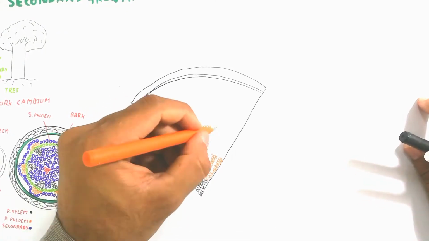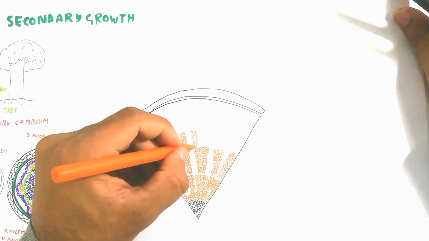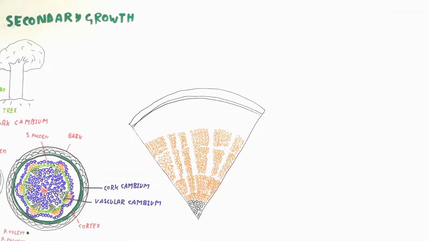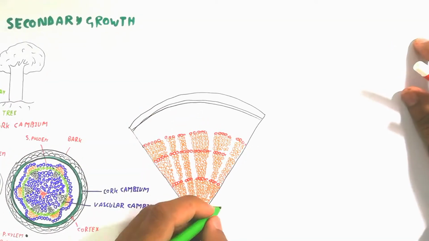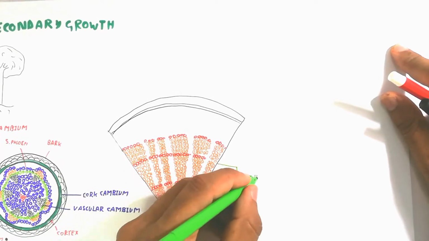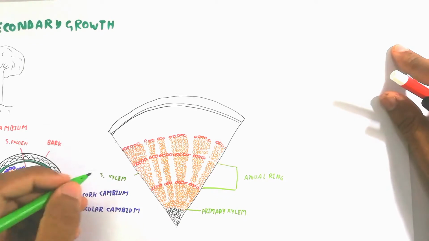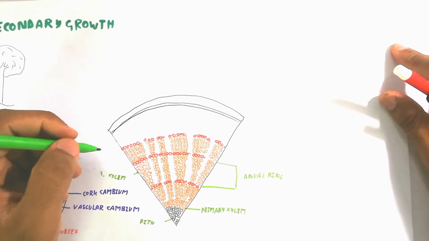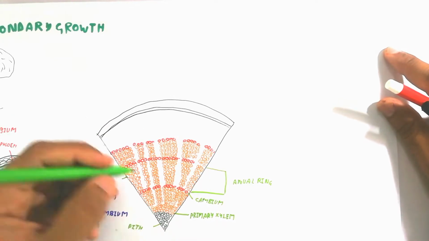Here I draw a pith, which contains primary xylem. Here is the vascular cambium. The vascular cambium changes its shape every year and a new color will be produced. So here the annual ring will be produced from one cambium ring to the second cambium ring.